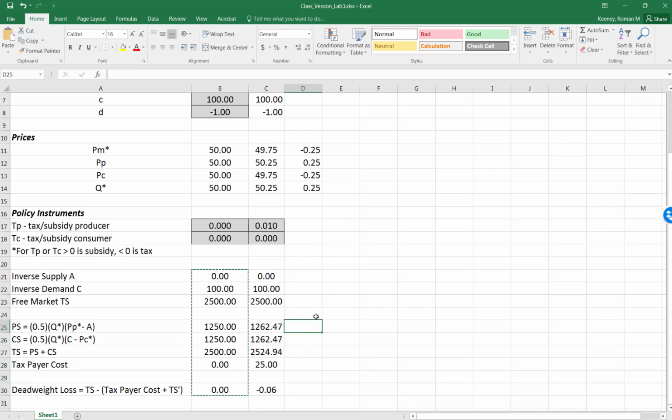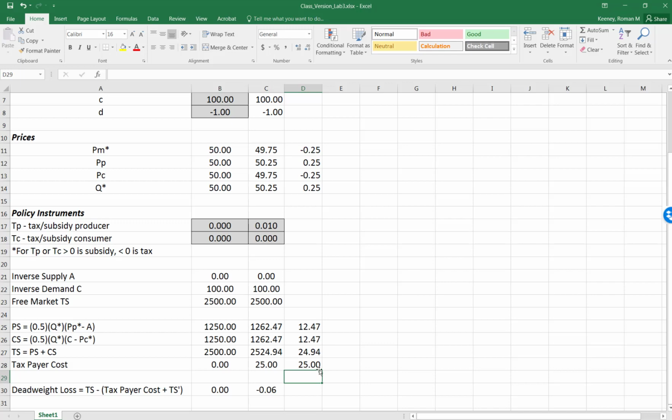So the 1% subsidy case tracks through. And the other thing that you could do here is, we calculated changes in the market price, producer price, consumer price, and the market quantity. Well, down here you could calculate how much producer surplus goes up when we subsidize the market, how much consumer surplus goes up, how much total surplus goes up, and then how much taxpayer costs change.